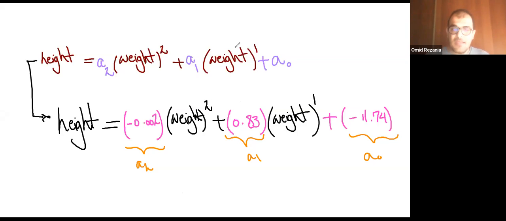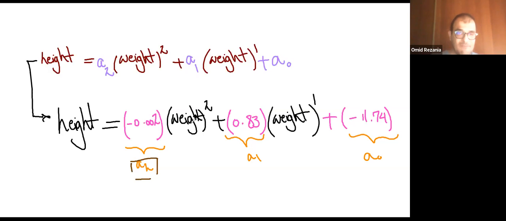Okay. Now, guys, look at this. The model which we created with the prediction gives a negative slope for the weight when it goes to the power 2, but a positive slope when the weight goes to the power 1. It means that, based on the polynomial sessions that we have seen in the past, when the power of the weight is 2, the correlation between the heights and the weights is in the opposite direction.